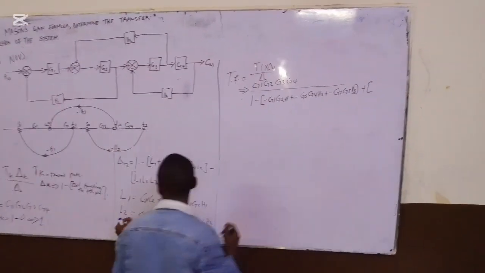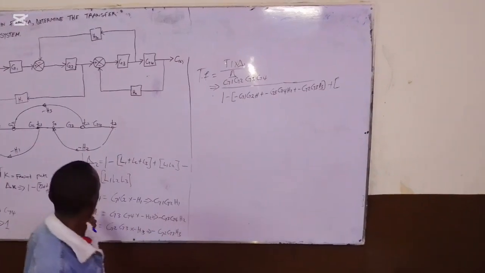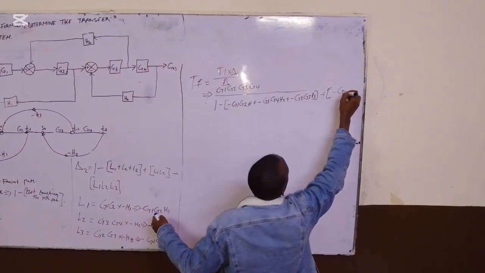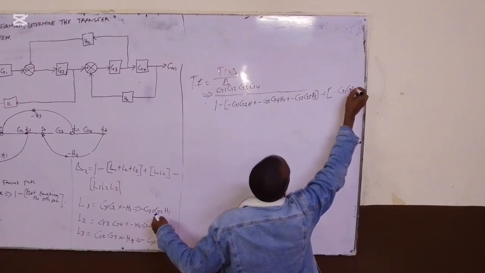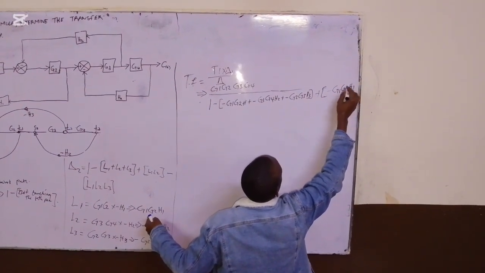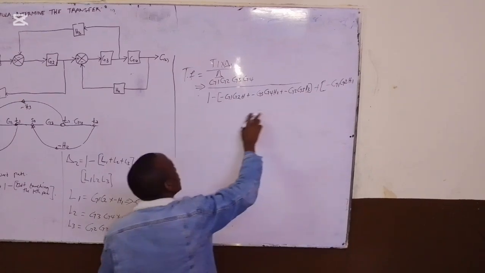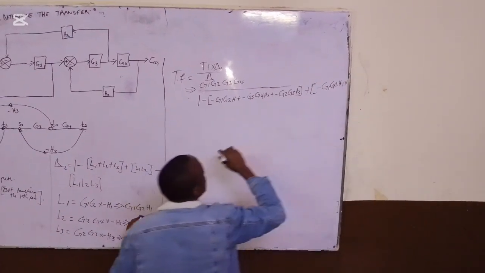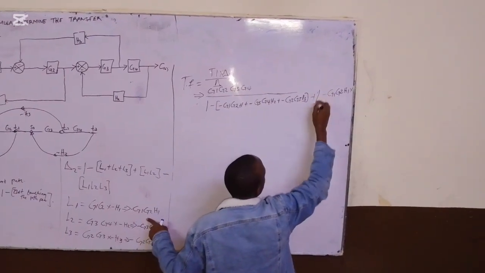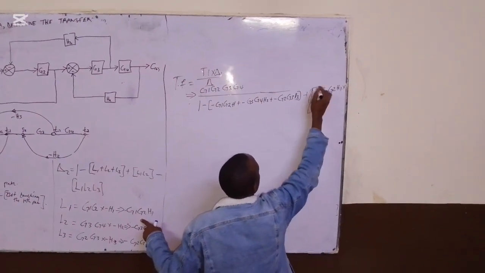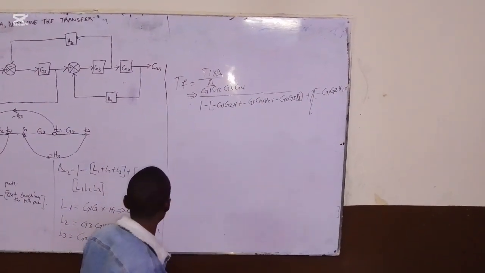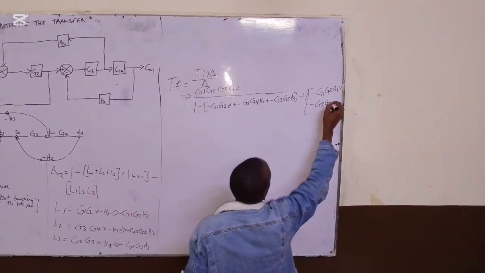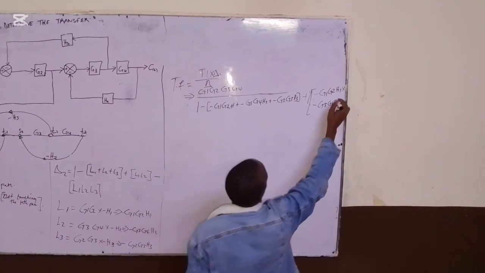So we have the combination of L1, which is negative G1 G2 H1, multiplied with negative G3 G4 H2.